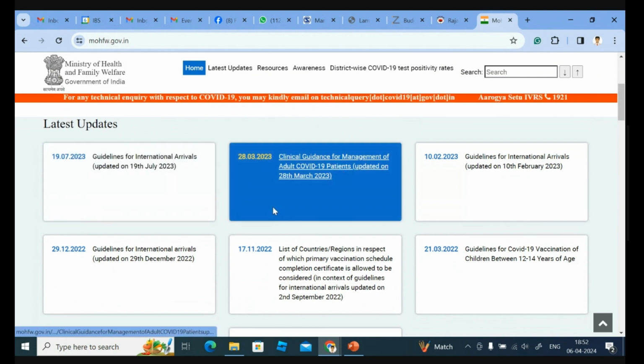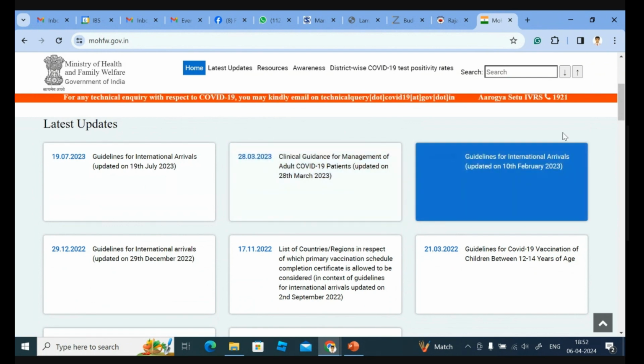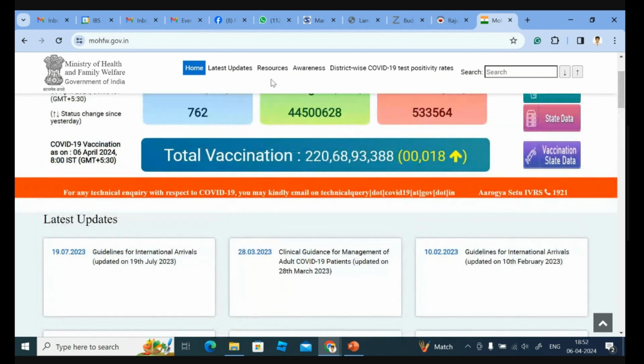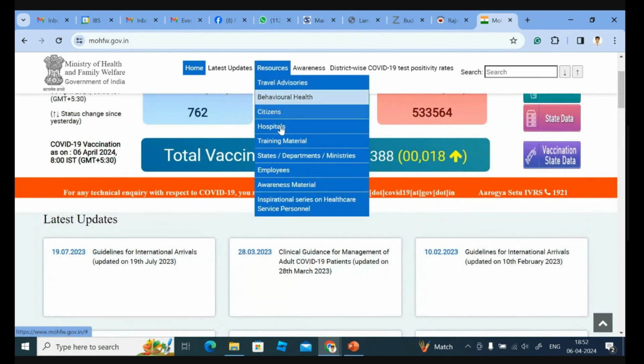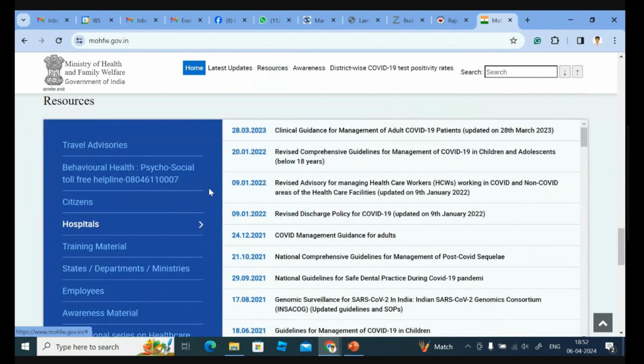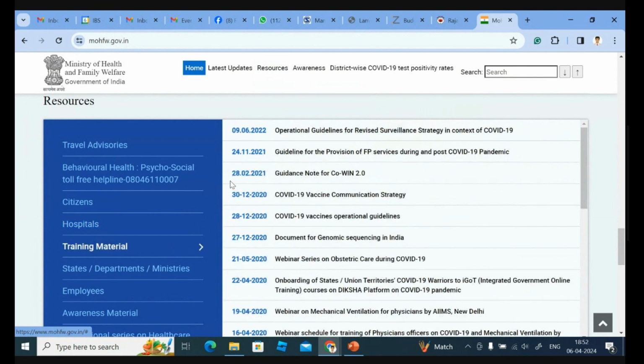They have also given these links and it becomes easier for you to browse it. You can go to the sources and then look at the hospitals. Or go to the training part of it, operational guidelines, and so on.